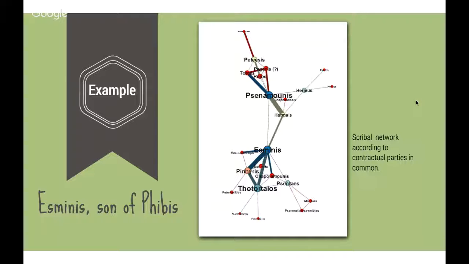It doesn't really seem logical. So I just assumed maybe that it would show me something about people working together in the same notary. So this is the result of that. That's the network.